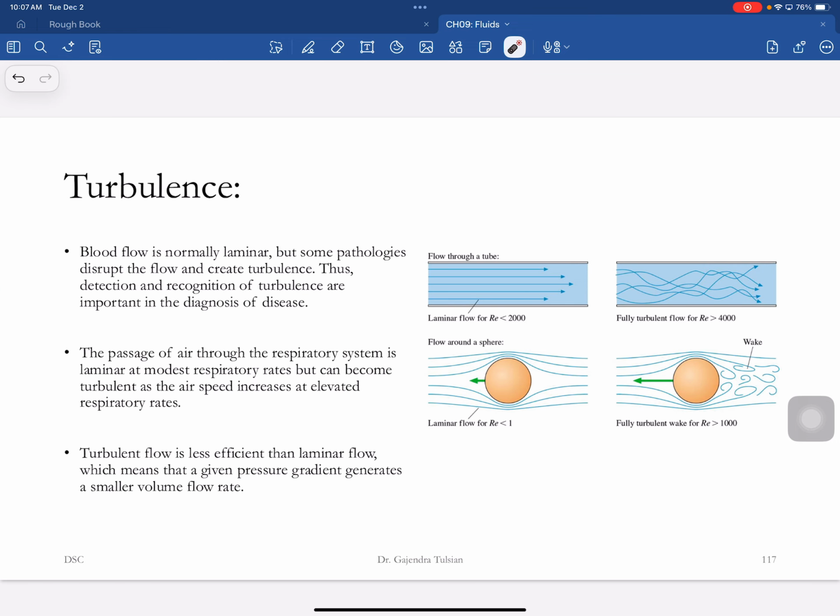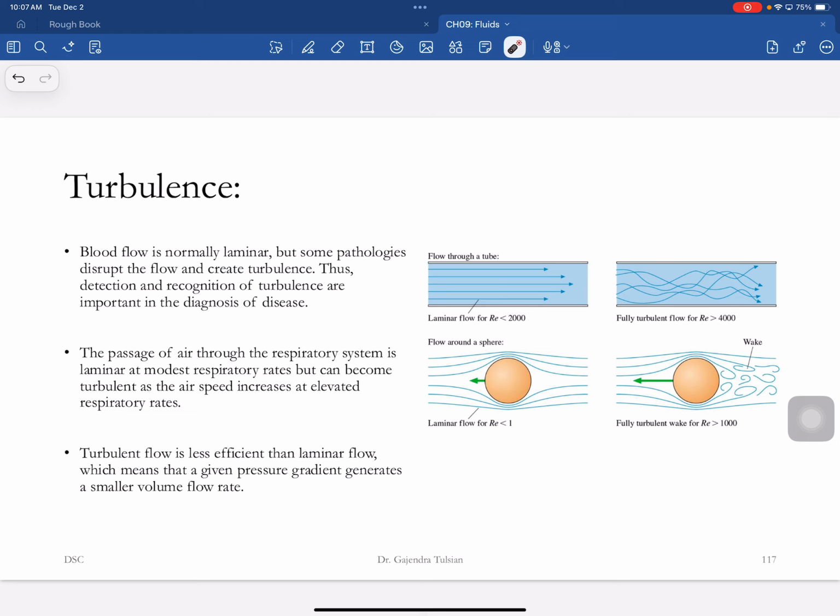The passage of air through your respiratory system is laminar at modest respiratory rates, but can become turbulent as the airspeed increases at elevated respiratory rates. When would this happen? Let's say you go for a very fast run for a long time, then you're breathing harder, and then the flow becomes turbulent.